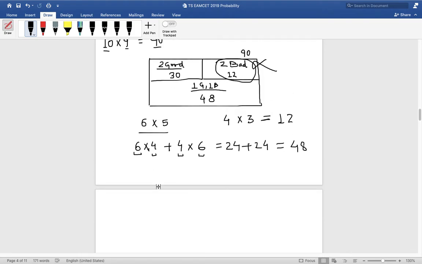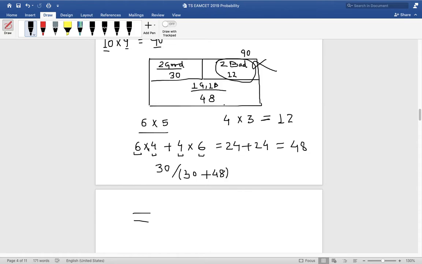So my answer should be 30 divided by total possibilities, which are 30 plus 48. Why am I saying 30 plus 48? Because the 12, which is the number of ways in which you can choose both bad mangoes, is gone because the problem already states that one of the mangoes is found to be good.